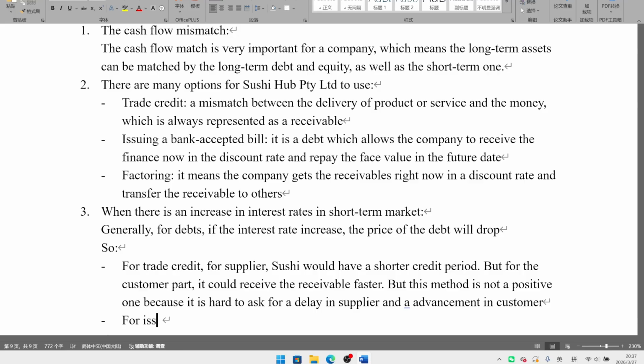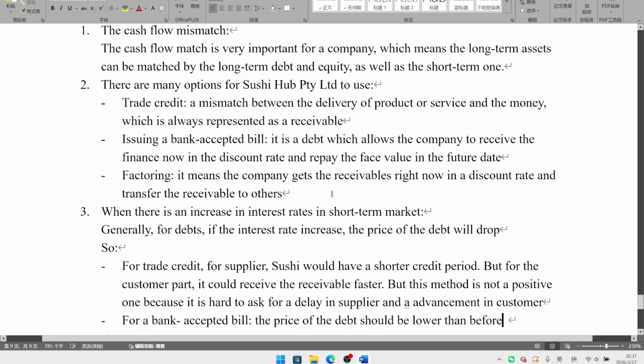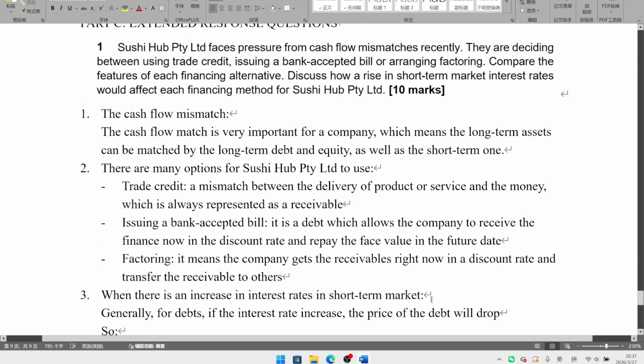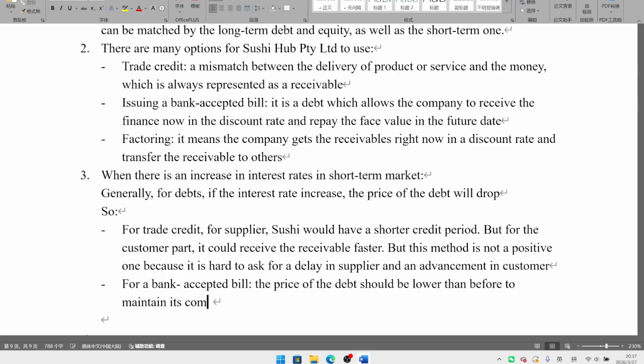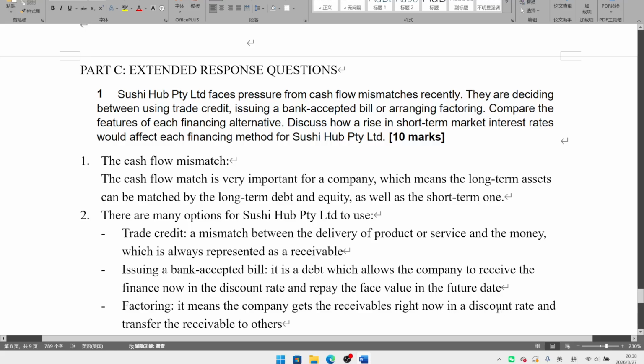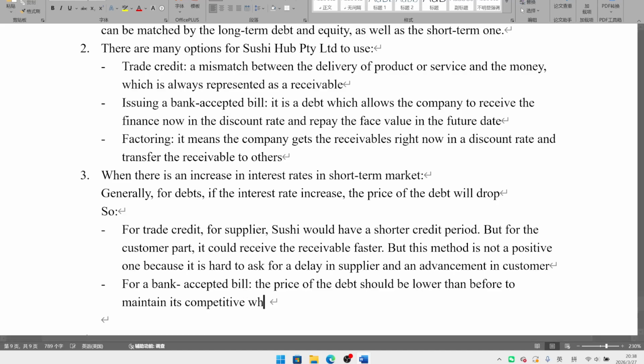For issuing a bank accepted bill, the price of the debt should be lower than before, to maintain its competitiveness.